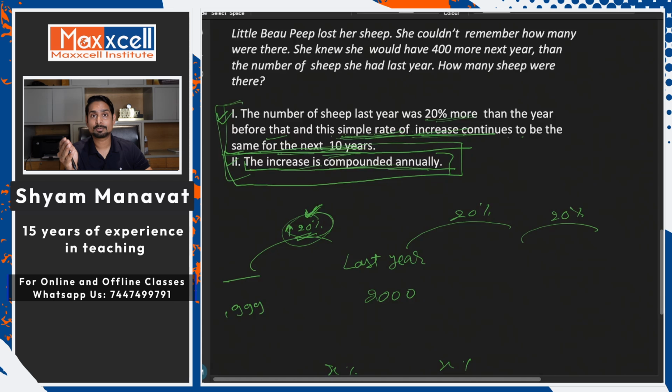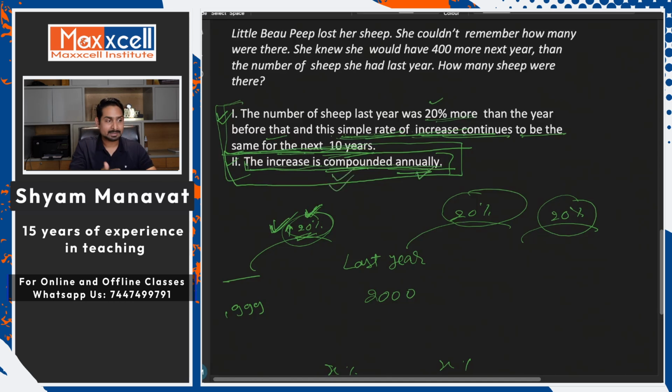Now if you combine both the statements and read again, you will understand that you got enough data. It is increasing by 20% more than the previous one, and the increase is compounded annually. This increase will remain the same for next 10 years, compounded annually. Now we are clear that every year it will increase by 20% compounded annually.